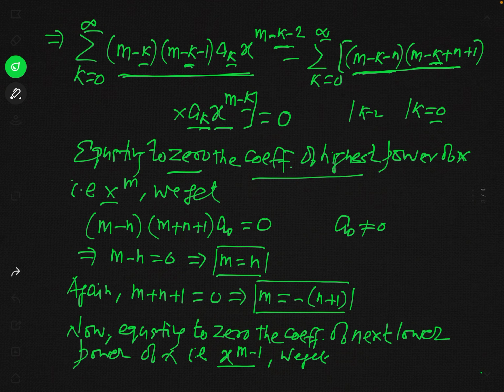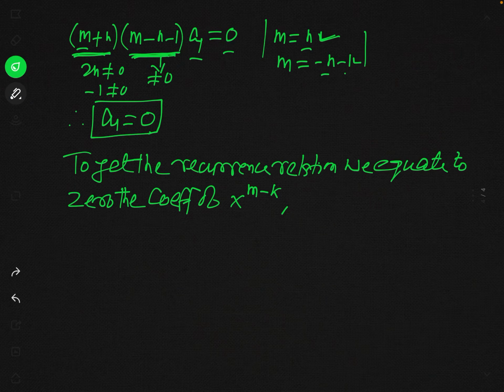Here again we will replace k by k minus 2. At both these places we will write k as k minus 2, and a k will be a k minus 2. So you can see in the first term the coefficient of x to the power m minus k, what will it be? This will be m minus k, now k we will write as k minus 2, into in the second term m minus k.